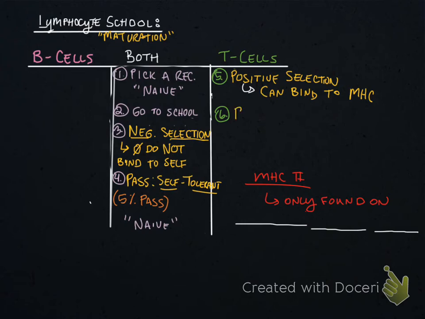And if these T cells pass, we can call them immunocompetent. Okay, so positive selection, if they pass, they're termed immunocompetent.